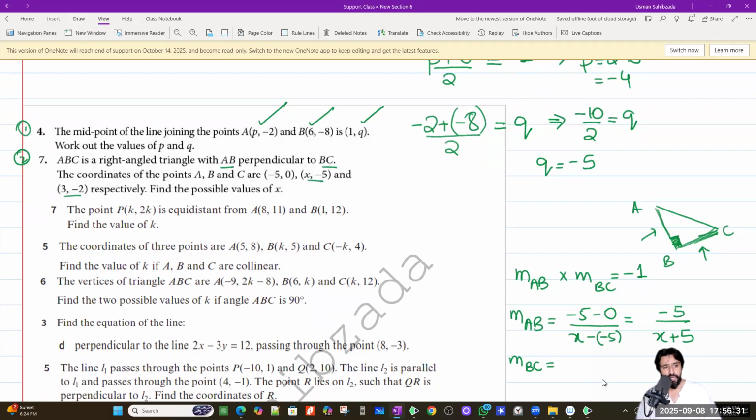BC. C is y2. So I'm using minus 2 as y2. Minus 2 minus 5. Did I make a mistake or not? 3 minus x. Can somebody spot my mistake? Yes, you can. What's my mistake?